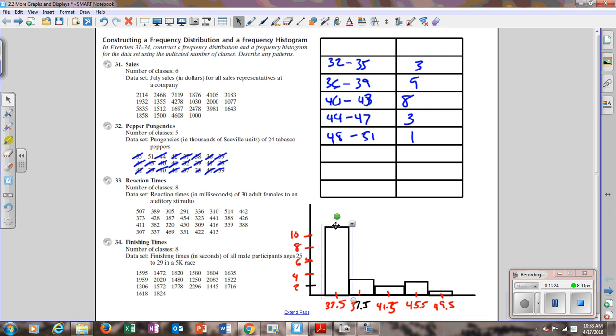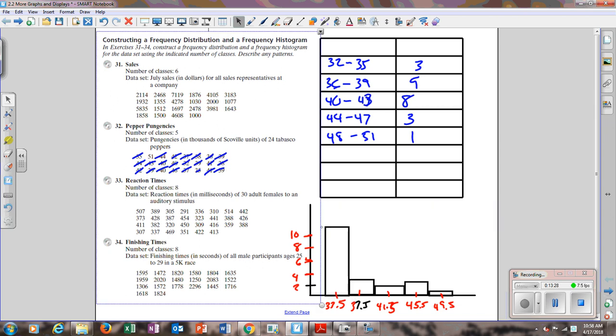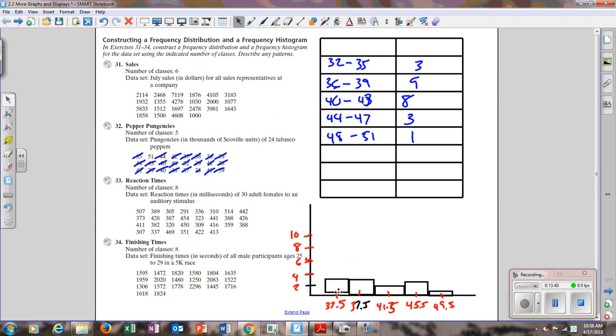And now I can just adjust my rectangles. First one's 3. Second one is 9.